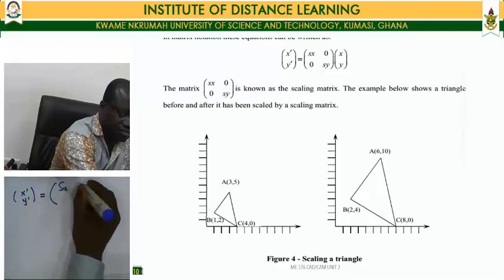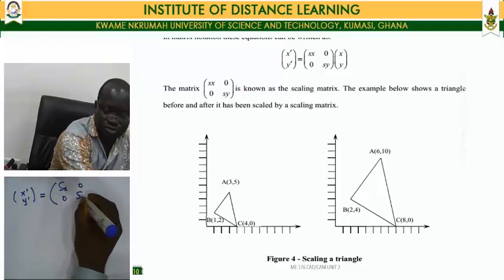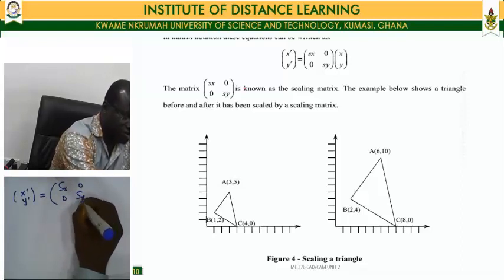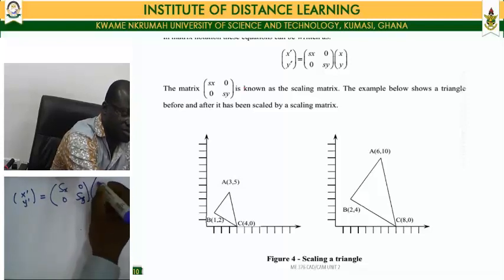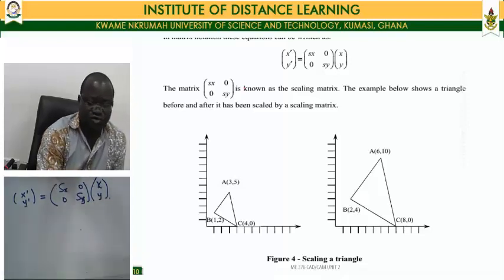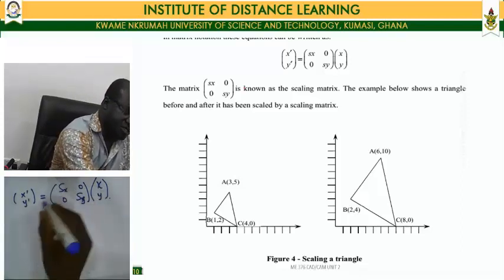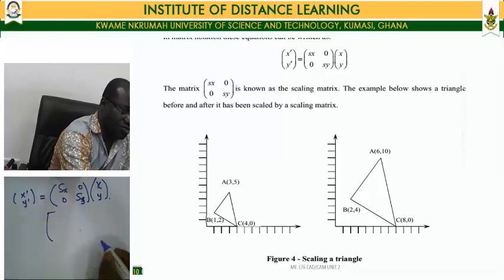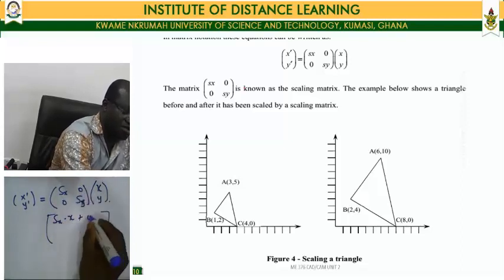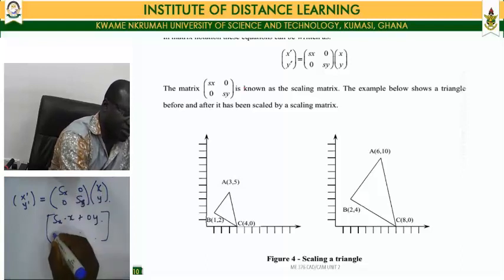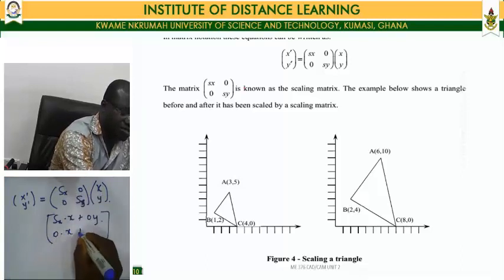the scaling matrix, which is a 2 by 2 diagonal matrix of s_x and s_y, s_x showing the x direction, times x, y. So if we do the matrix multiplication, it's going to be s_x times x plus 0 times y, and then 0 times x plus s_y times y.